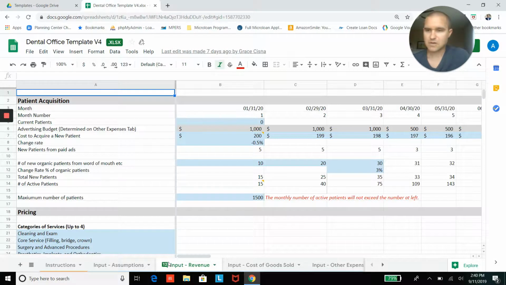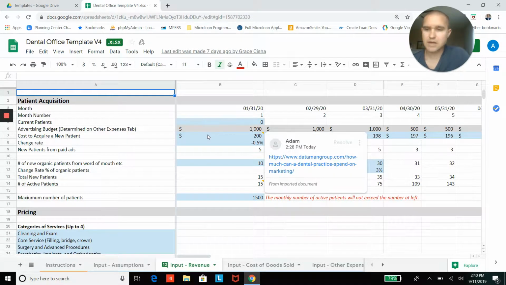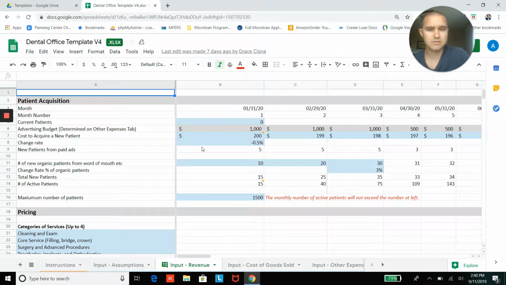Then if we move to the Input Revenue tab, we have this idea of patient acquisition. So, you're going to pay something in advertising dollars to acquire patients. And we have this idea here of a $200 cost to acquire a new patient. You'll notice in this template that we have a number of sources cited in the comments in different cells where we found links to different data sources.